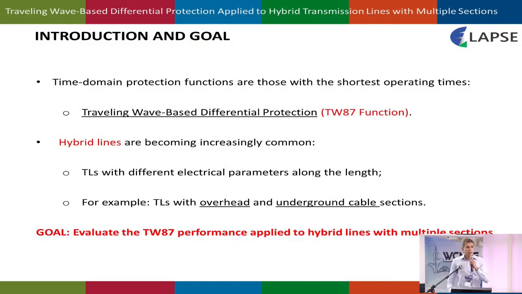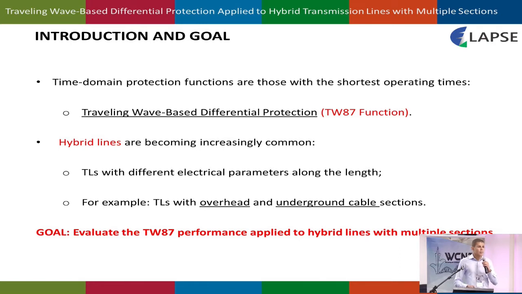Well, currently, time domain protection functions are those with the shortest operating time. Among these functions, those based on traveling waves, in which the traveling wave-based differential protection, TW87 function, stands out. Moreover, hybrid lines are becoming increasingly common.